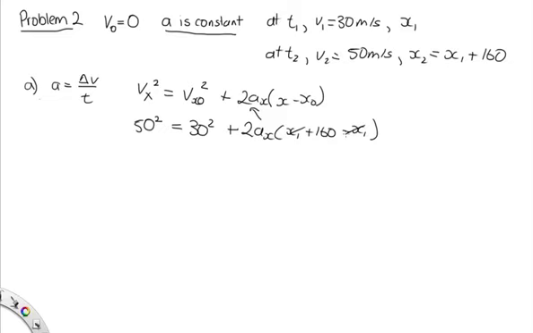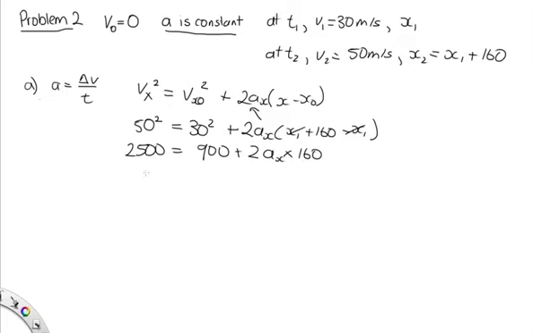These two cancel out nicely, and so we've got 50 squared, which is 2,500, equals 30 squared, which is 900, plus 2ax times 160.